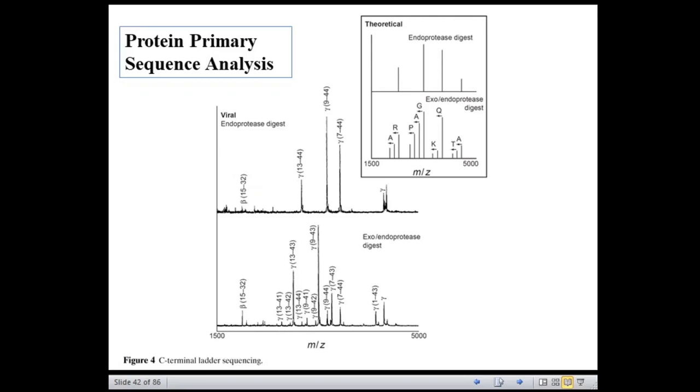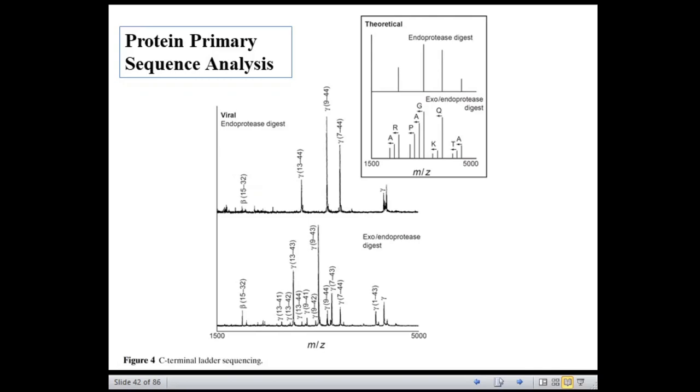So the mass difference between the ion signals determines the identity of the released amino acid, and this typically provides a sequence tag of the order of 1 to 12 amino acids. Right.